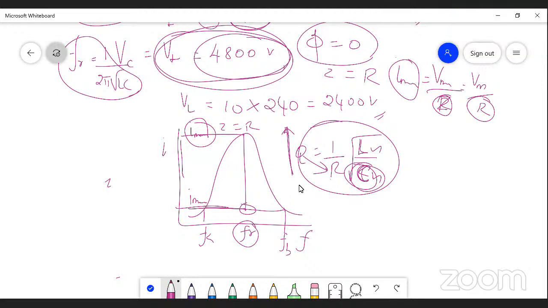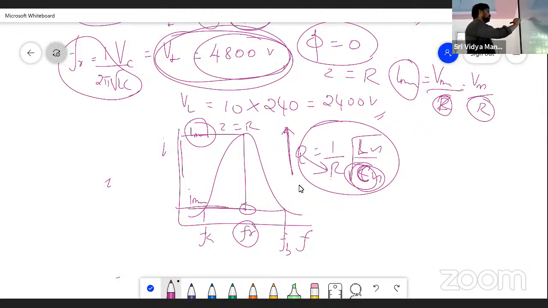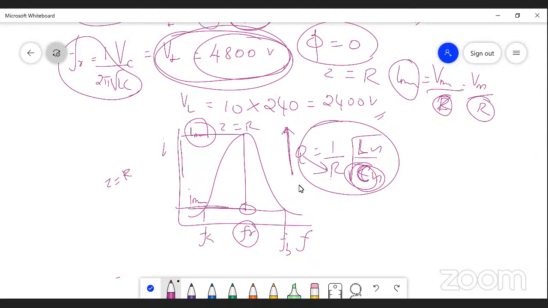The Z value is equal to R. Very good. And next, XL is equal to XC.